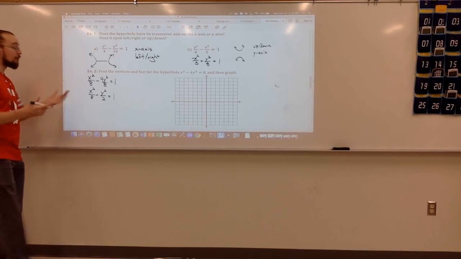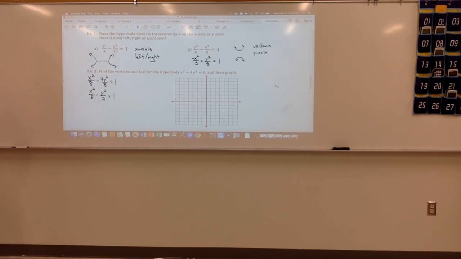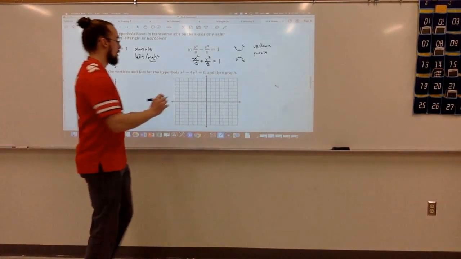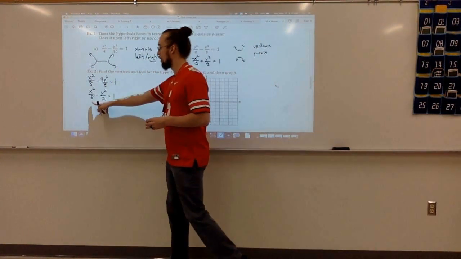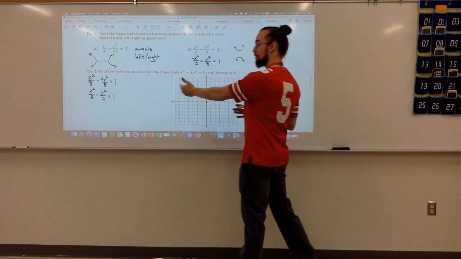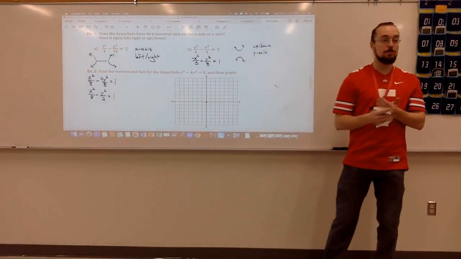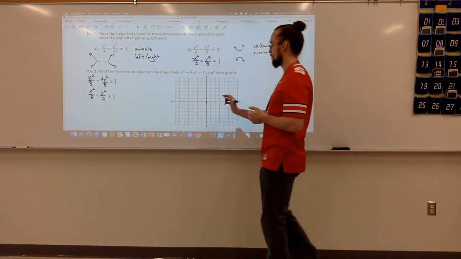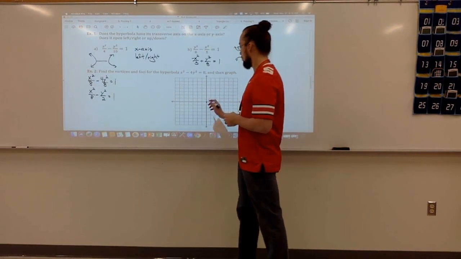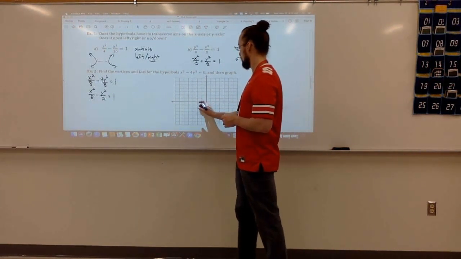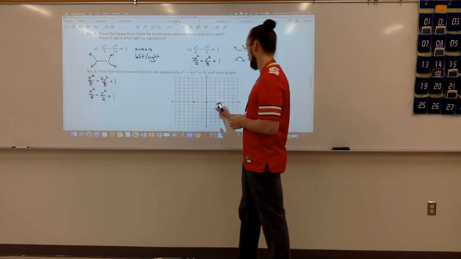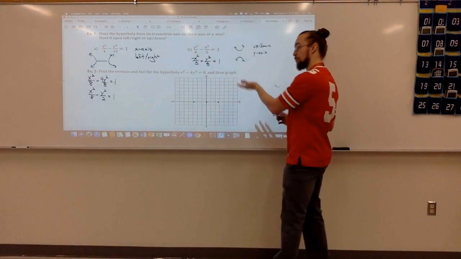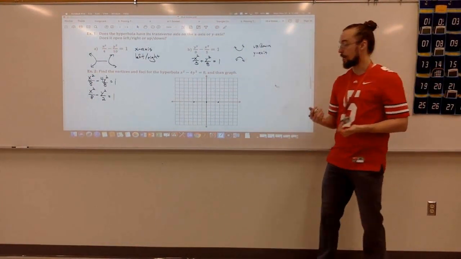So I know that my center is at 0, 0. I am going to go the square root of 8 in both x directions from the center. The square root of 8 is almost 3, so it would be here and here. And then I go the square root of 2 in both y directions.